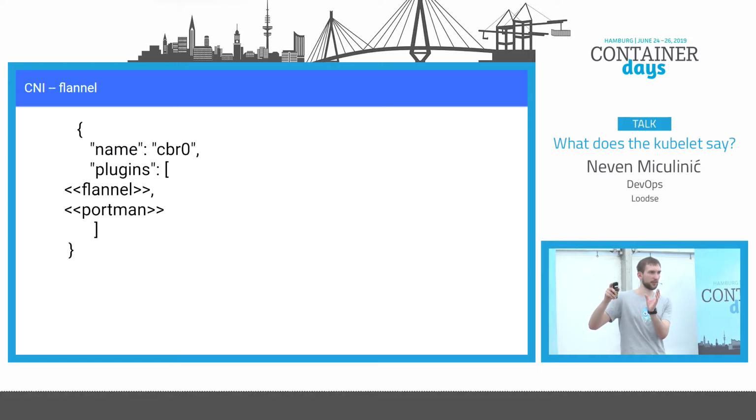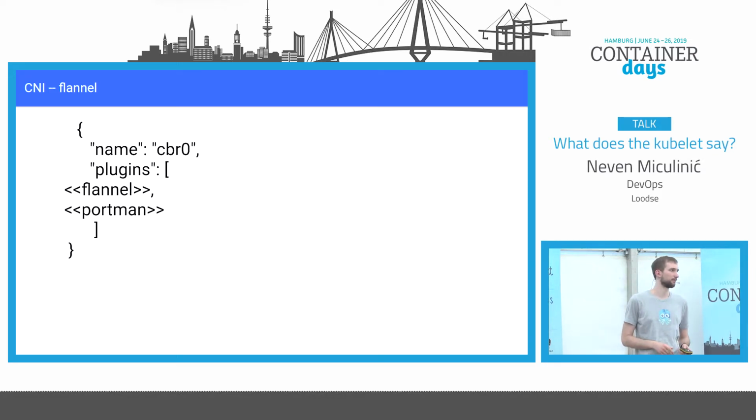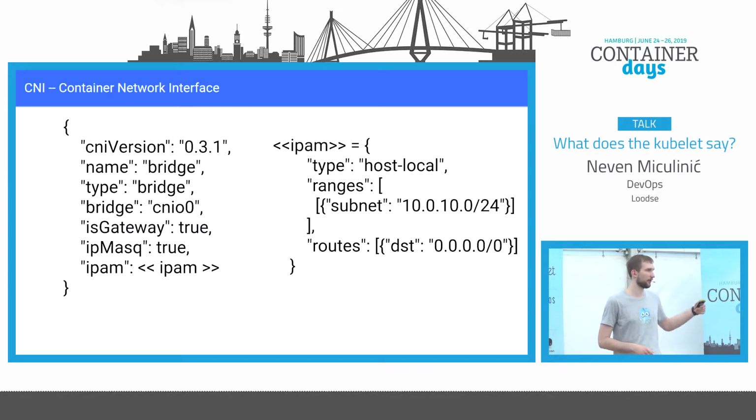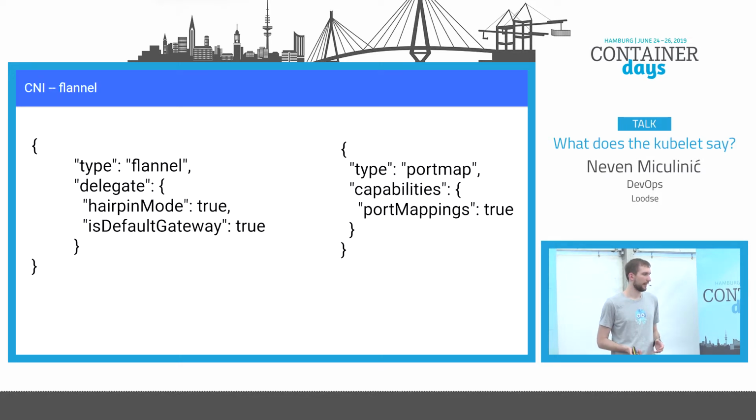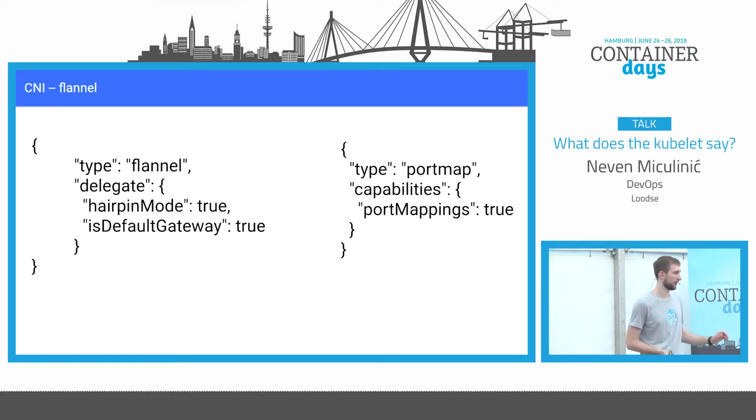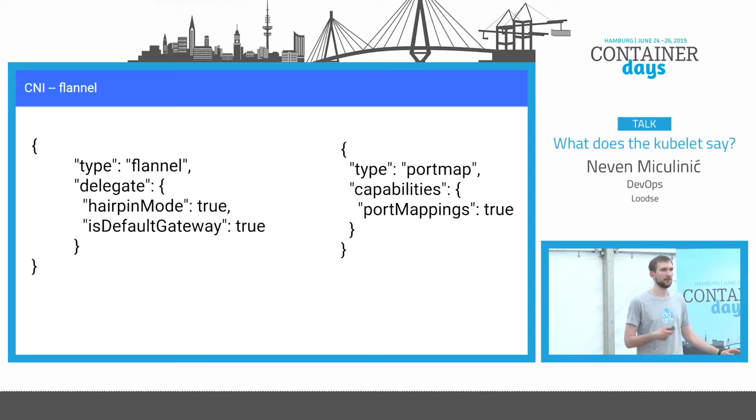So if your pod requires some host port being forwarded to it, you usually have to use Portmap, or otherwise you wouldn't have this capability. So even in the previous case, if you require this, you would chain the bridge plugin with the Portmap plugin. And here is the Flannel specific configuration and the Portmap specific configuration. The type usually means the name of the binary within the binary folder.